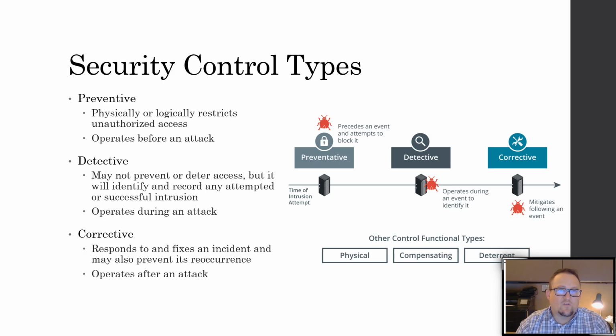Maybe we add an extra segment to our network. We use extra network segmentation. There are a whole bunch of different ways that we can add compensating controls. And the way I look at this one too is a lot of times compensating is security in depth. Not only one control is there, but you normally have more than one.